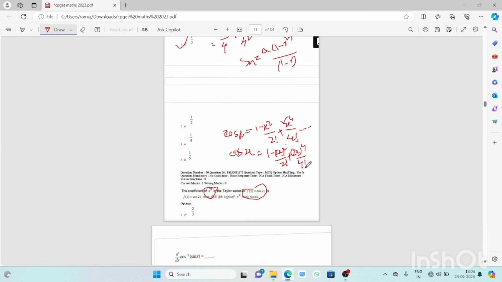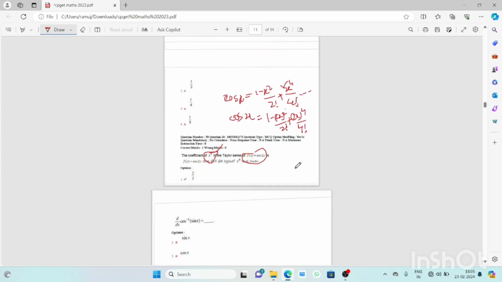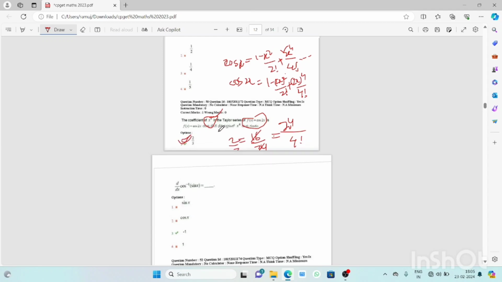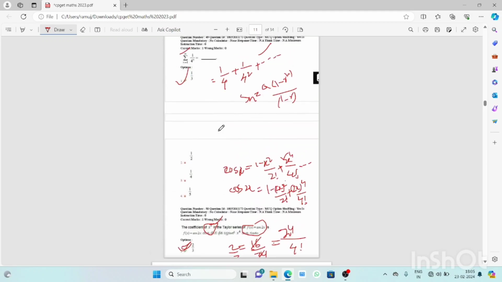He is asking for the coefficient of x power 4, so that is 2 power 4 divided by 4 factorial. 2 power 4 means 16, divided by 24. If you cancel, you will get 2 by 3 as the correct answer. So the first option is the correct one for this question.